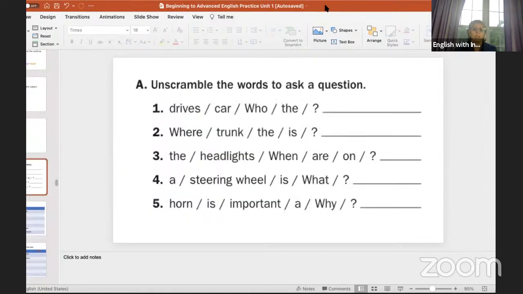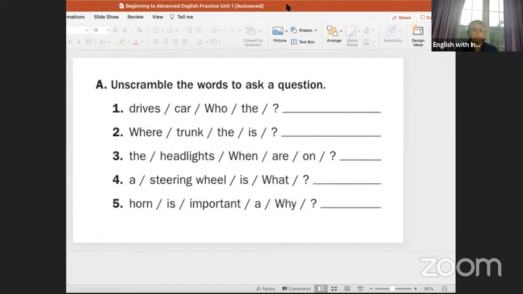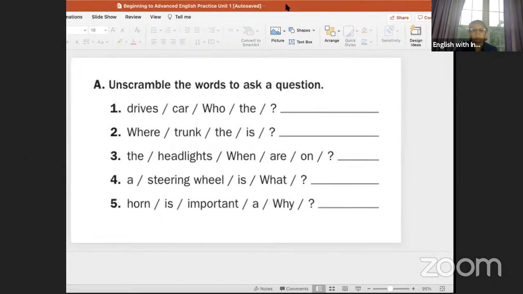Now here we have unscrambled words to ask questions. Drive, car, who, the. So if you are watching, if you want to write down the first one, please. Only the first one at this time. And if you like the lesson, give me a thumbs up.